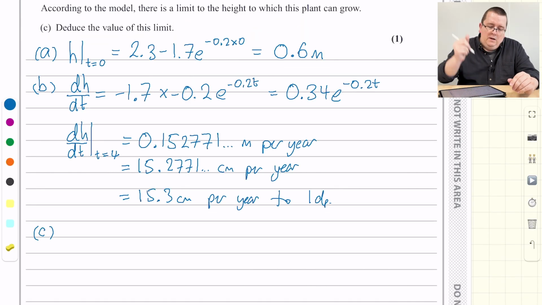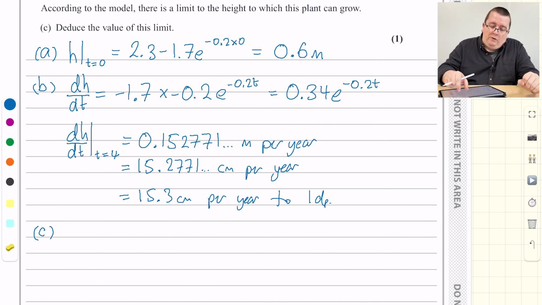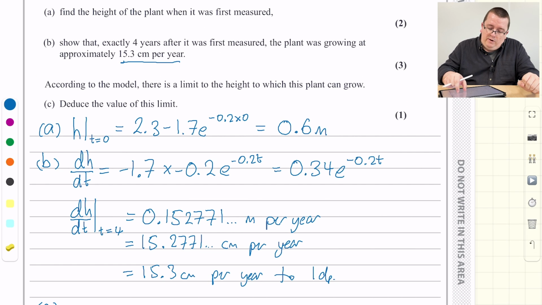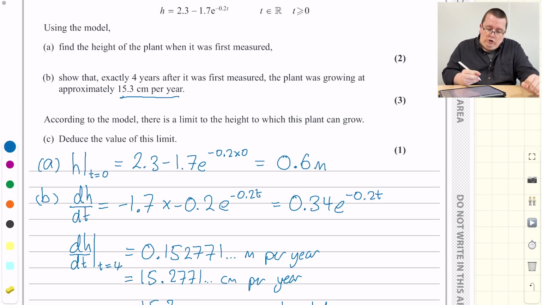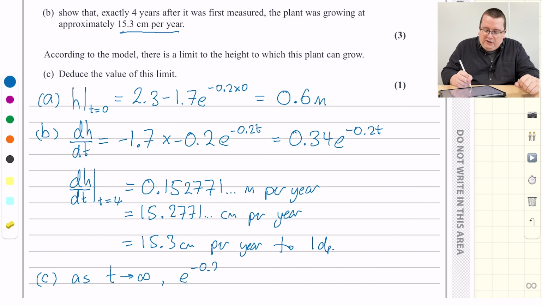Part C. According to the model, there is a limit to the height to which this plant can grow. Deduce the value of this limit. Okay, so here was my equation again. h equals 2.3, take away 1.7 e to the minus 0.2t. So, as t tends to infinity and gets larger, e to the minus 0.2t gets smaller and smaller and smaller.